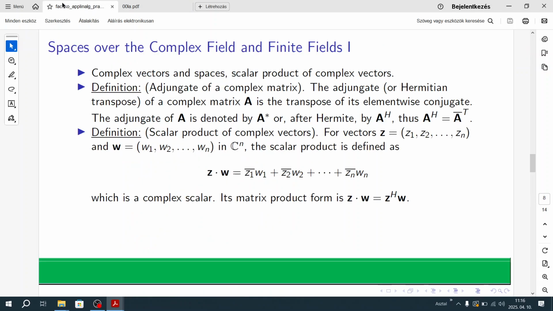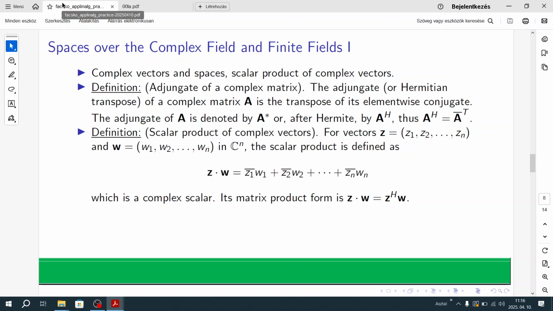Okay, here. Now you have a problem with the scalar product, so you need a new definition.